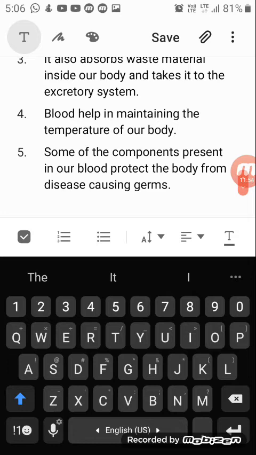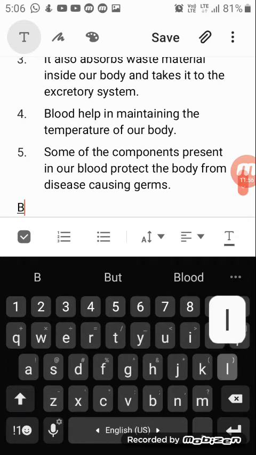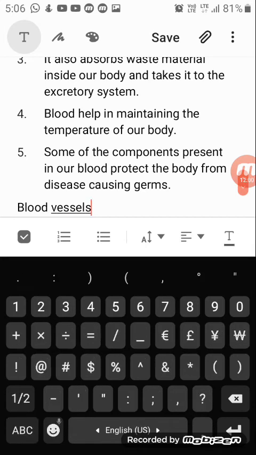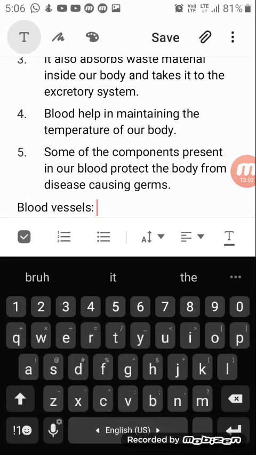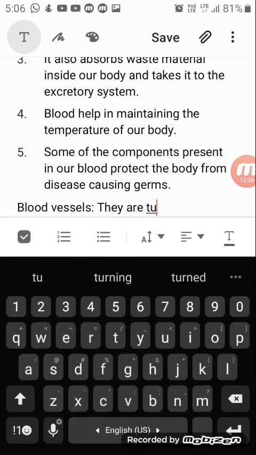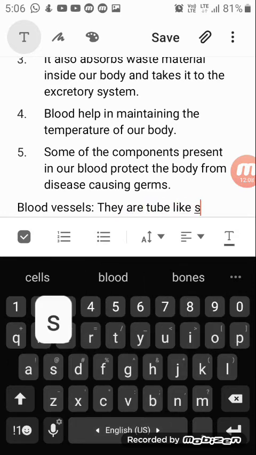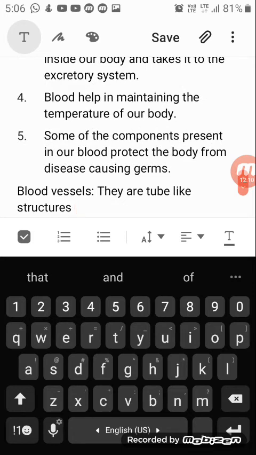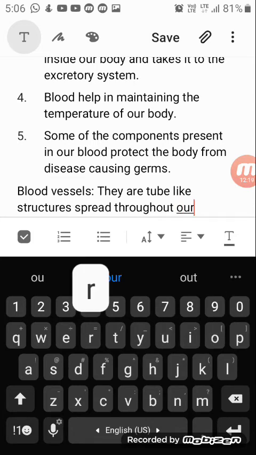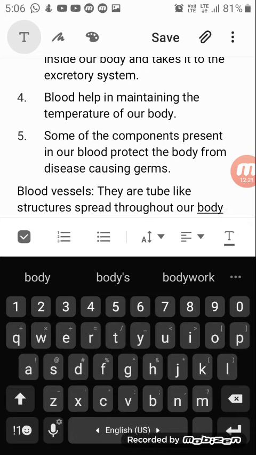Then we will learn about blood vessels. They are tube-like structures spread throughout our body.